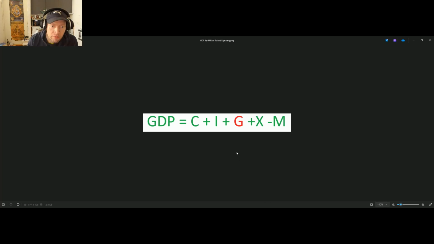Because if you increase the C, consumption might go up by 1 percentage point, investment 1 percentage point, export minus import up by 1%, that's 2 percentage points total, and then we have this one.